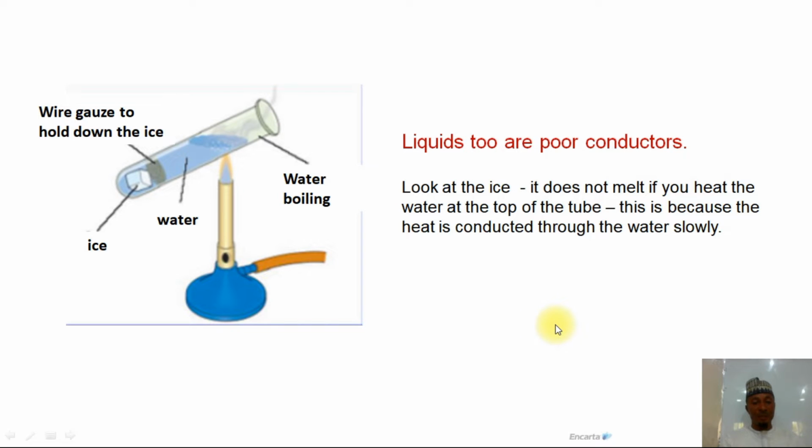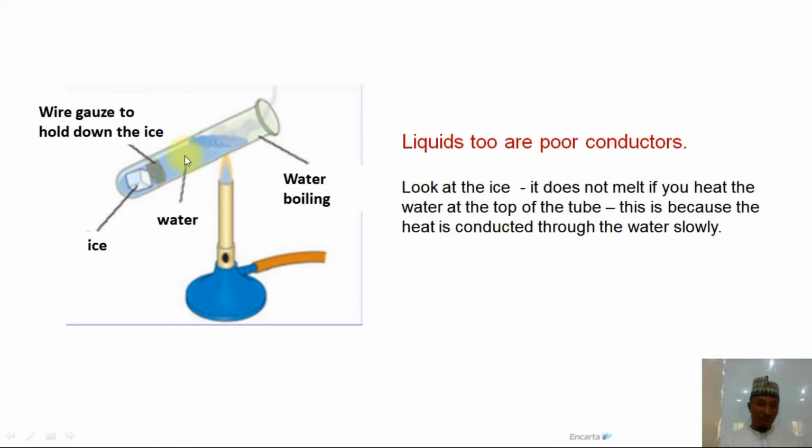Are liquids good or poor conductors compared to air? Of course, they are good conductors when you compare them to air, but are poor conductors when you compare them to metals, to solids. Now, we have an experiment here that shows that a liquid is a poor conductor when you compare it to a solid.